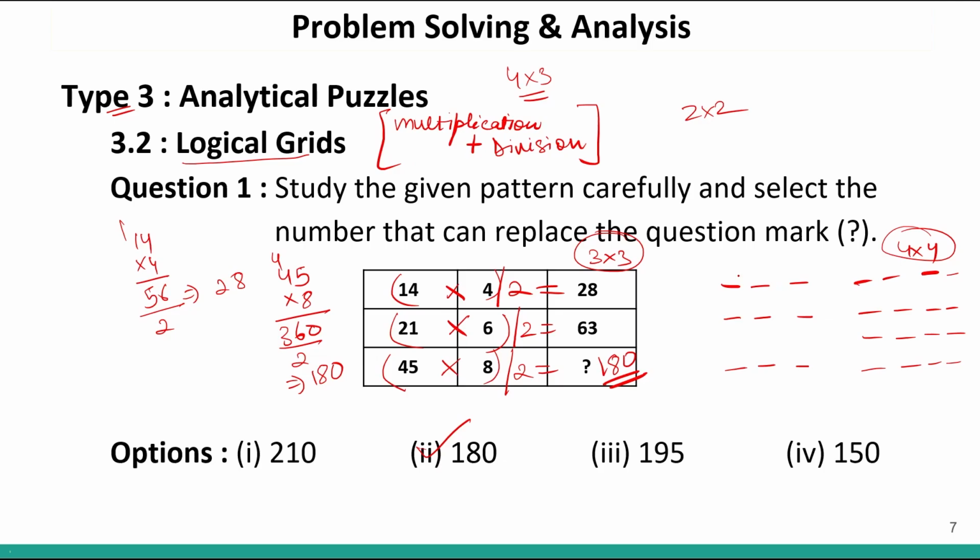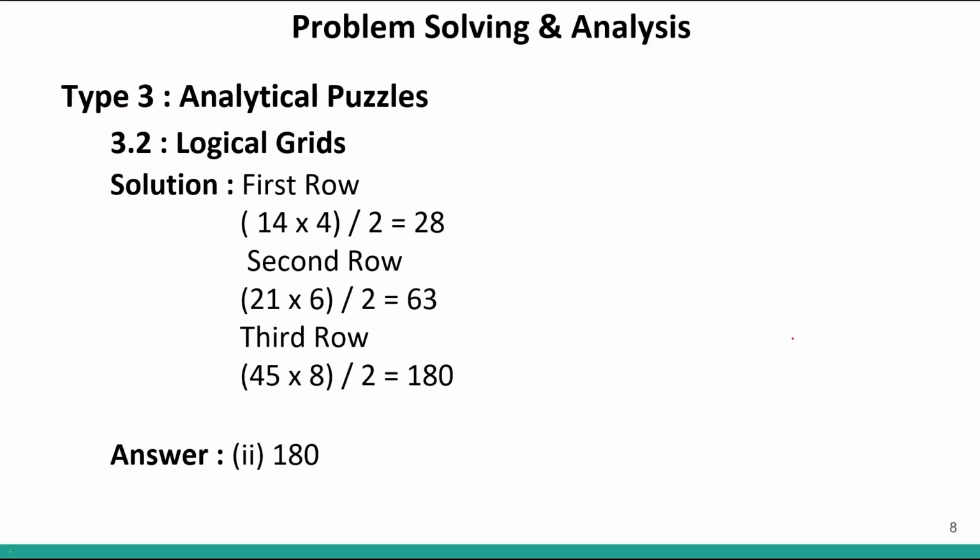Now, one way can be that certain operations are done on these 2 rows to get the third column, or certain operations are done on these 2 rows to get the third row, or a common operation could be done on all the 3 columns to get a common answer in all the rows. Okay, so this type of question let us discuss over here.